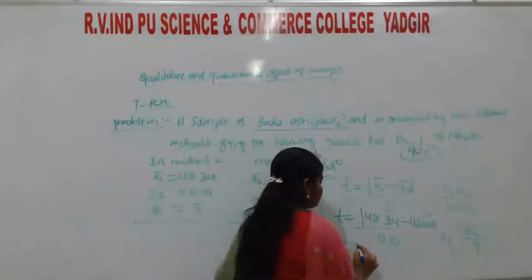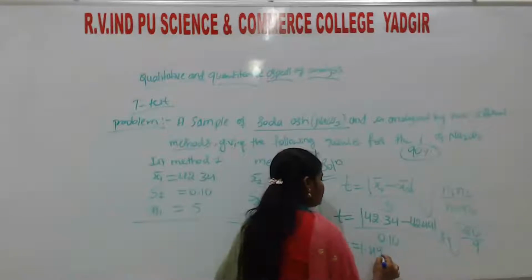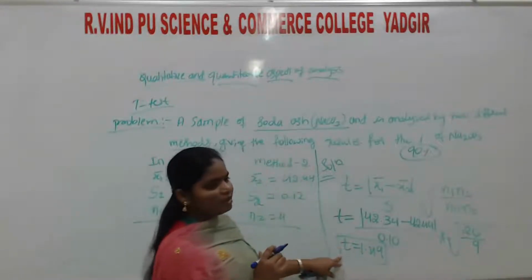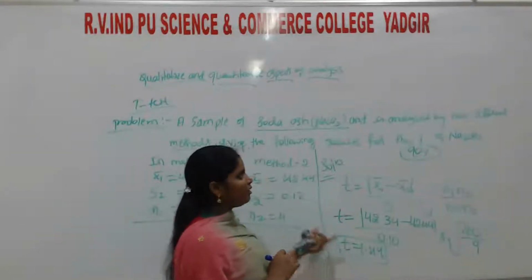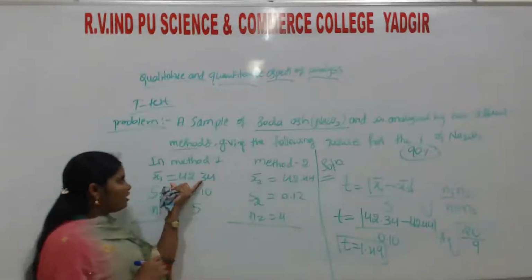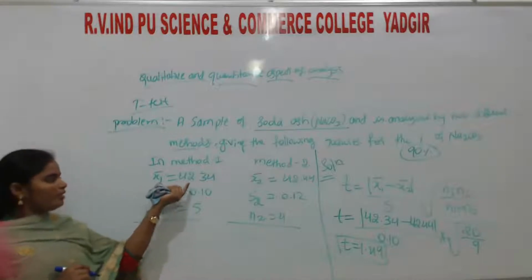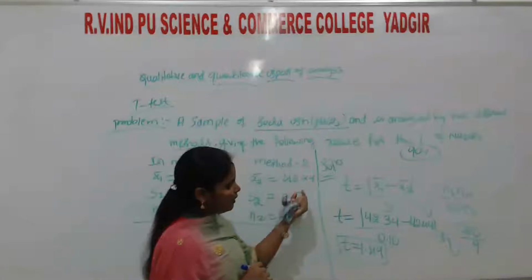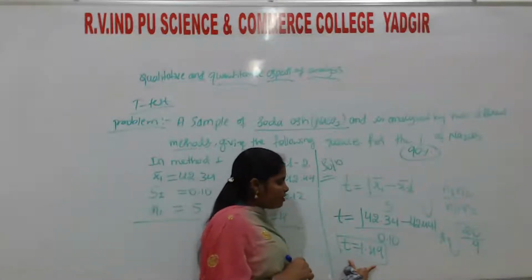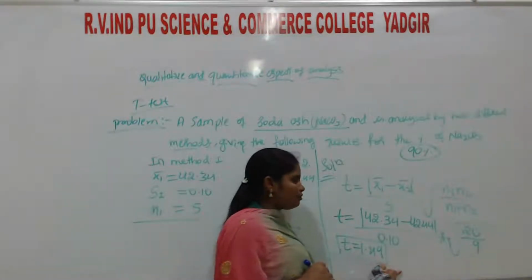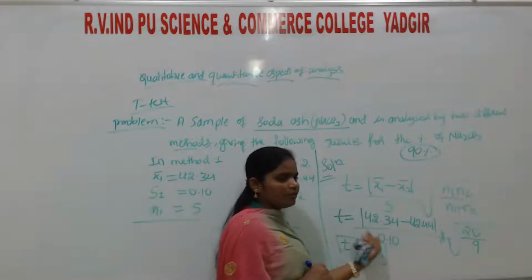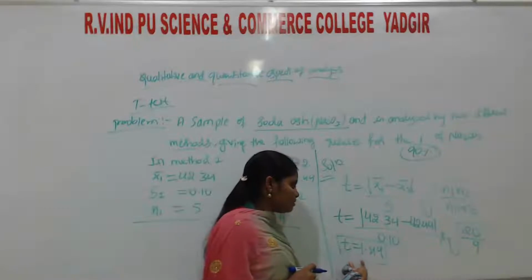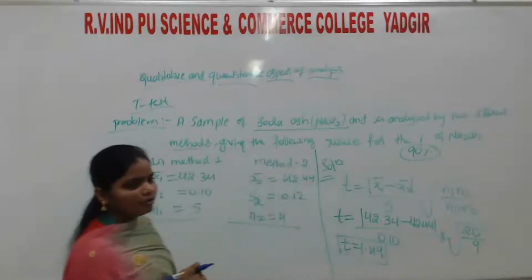T is equal to 1.41. This is the T value, the T test value. You apply your observed values, 42.34 and 42.44, and after simplification, you get this value, that is T is equal to 1.49.